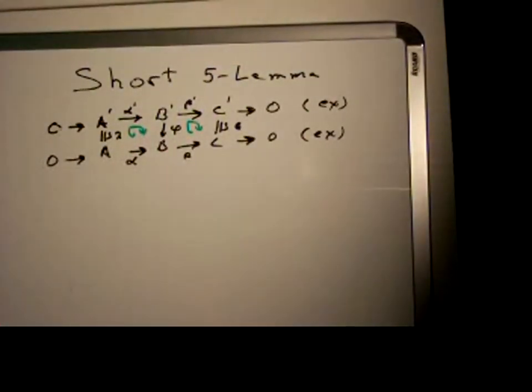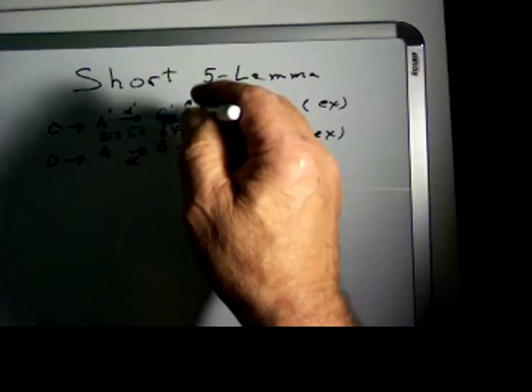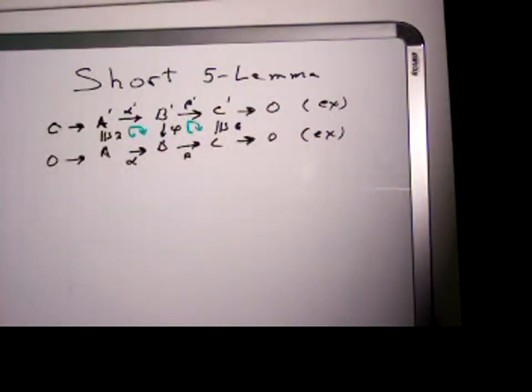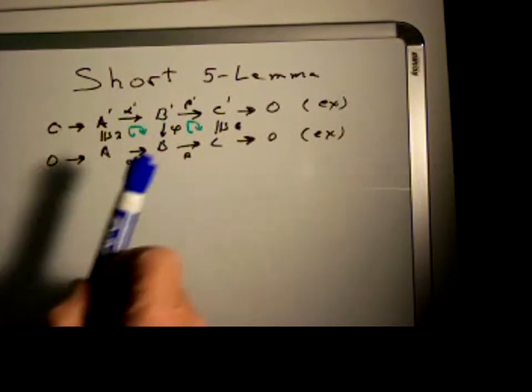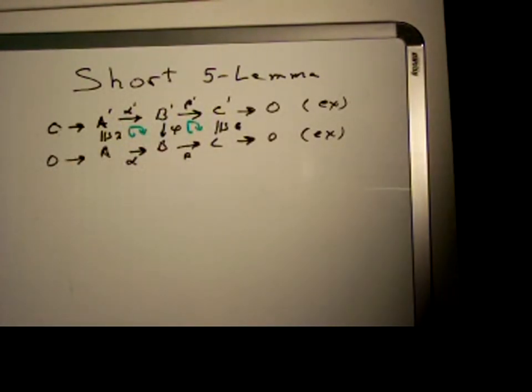Okay, I'll do the easy part. We want to show that this map is one-to-one. So the easiest way of doing that in general, of course, is to show that the kernel of that is 0.